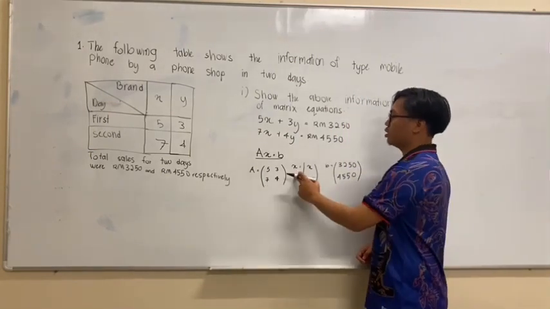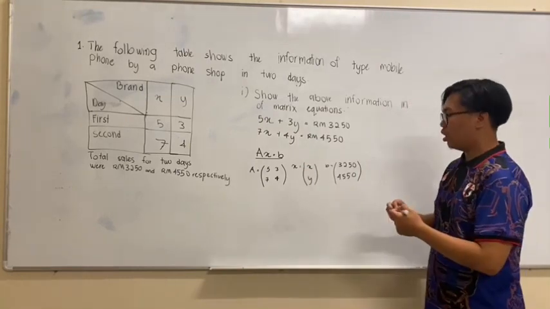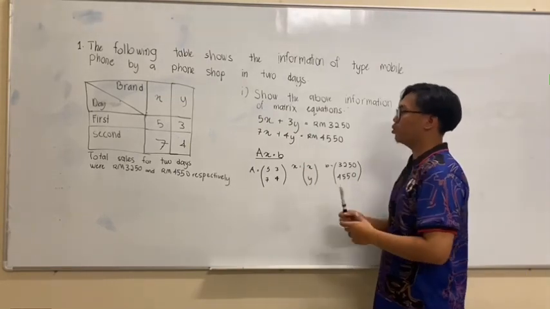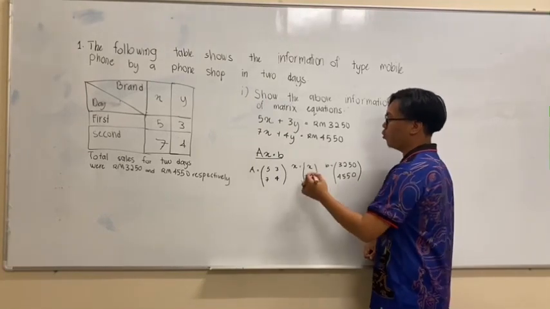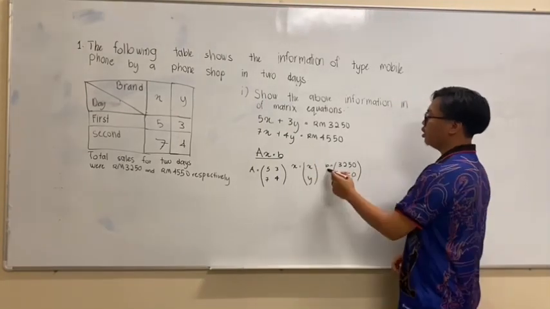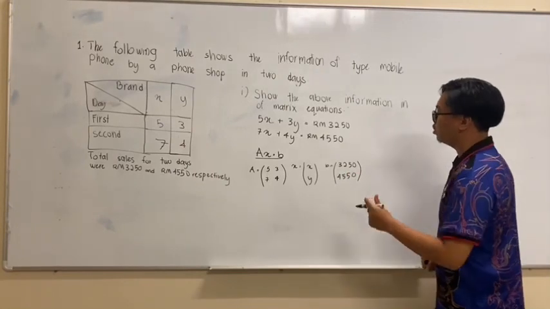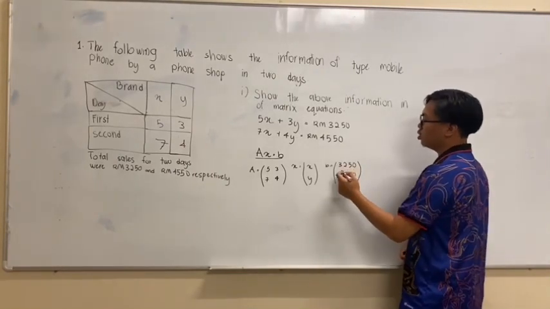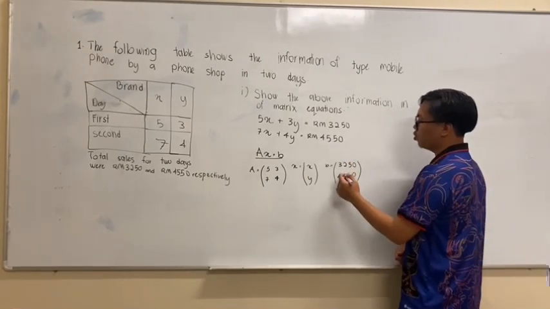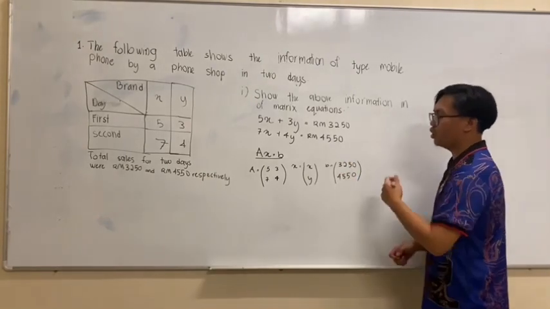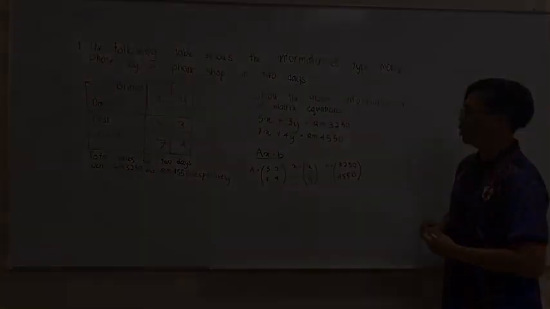What is X? X is the brand of the phone the shop sells, so we have brand X and brand Y. The total sales in the first row is 3,250, and the second row is 4,550.